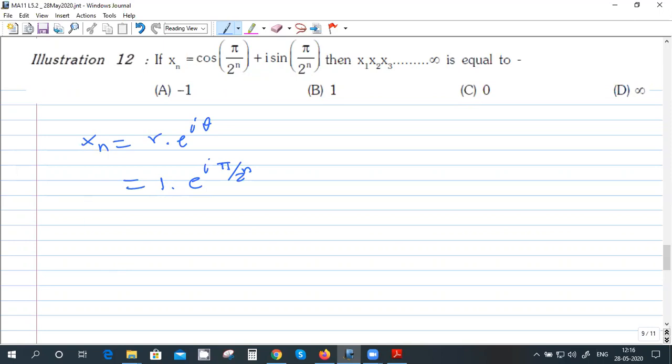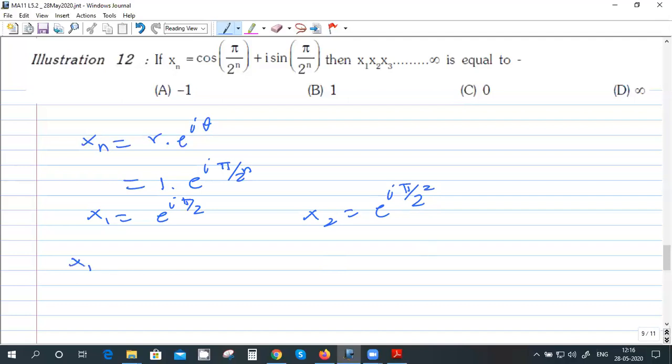So now you know what x1 is: e raised to the power i pi by 2. And x2 is e raised to the power i pi by 2 squared. You just have to multiply.